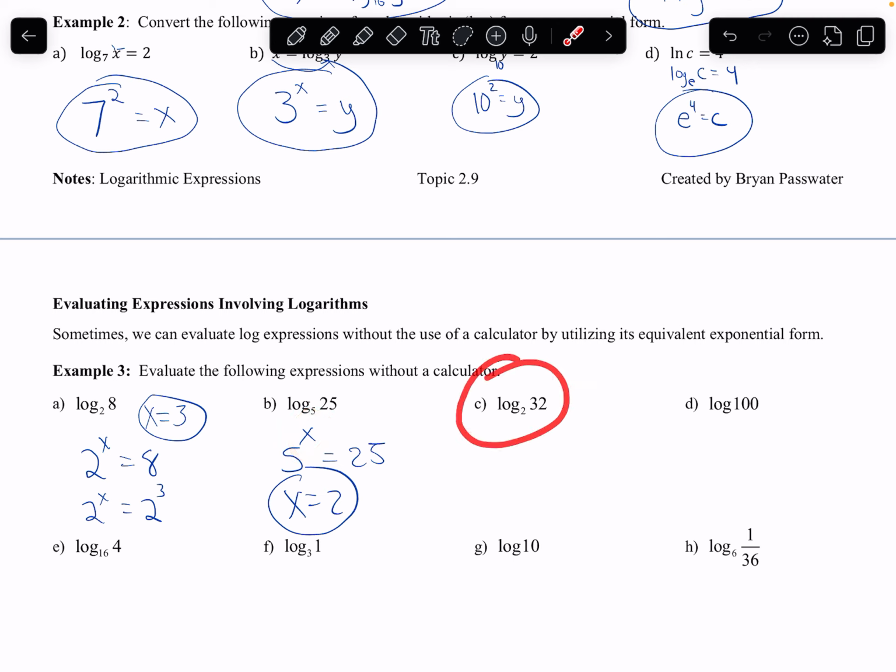Let's go over to this one. Do the same thing. 2 to what power is 32? It doesn't tell me. It doesn't say equal some number. If it did, I would just say to that power. So I'm going to say 2 to what power equals 32?